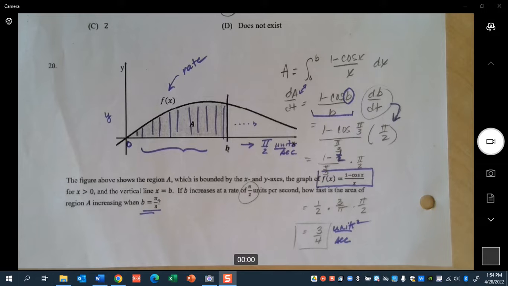So 1 minus 1/2 is 1/2. Divide by pi over 3 is the same as multiply by 3 over pi. And then change times by that rate. And that's how those pi's cancel out nice and sweetly. So that means that my area is changing at 3/4 square units per second as this b is growing.